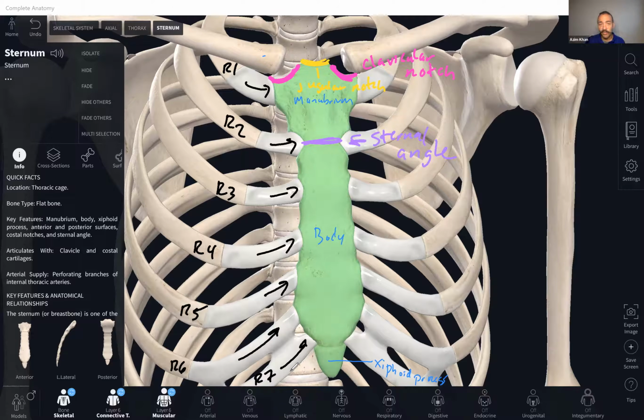The first 7 ribs have their own cartilages articulating with the sternum. Rib 7 can articulate with the body, sometimes also with the xiphoid process. It just depends on the person.